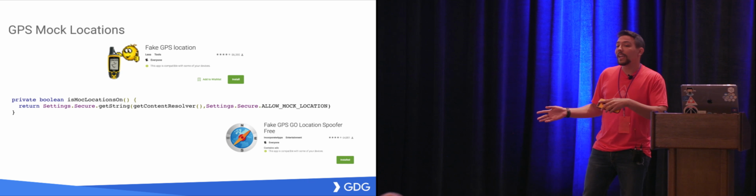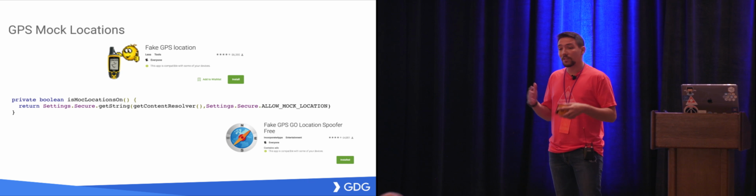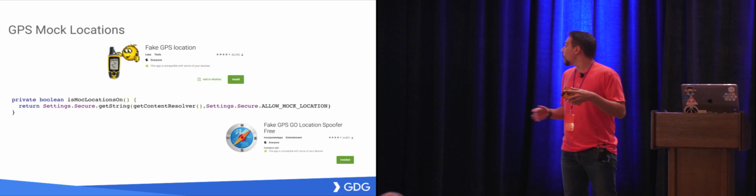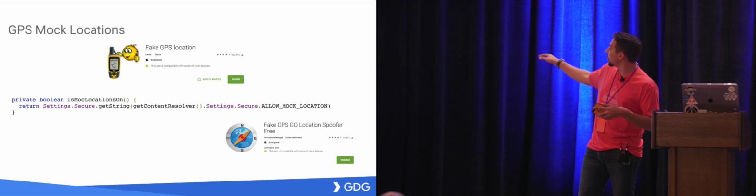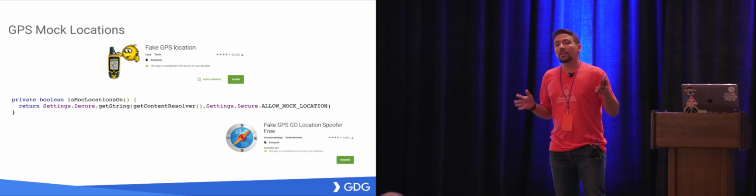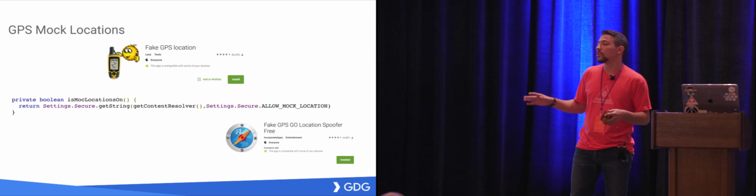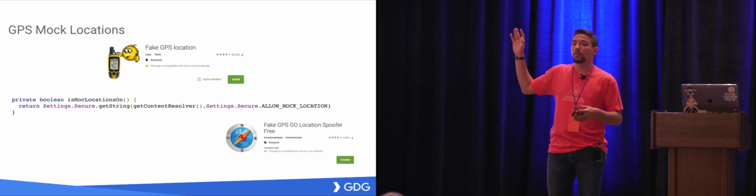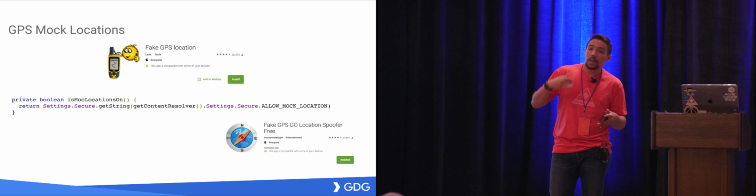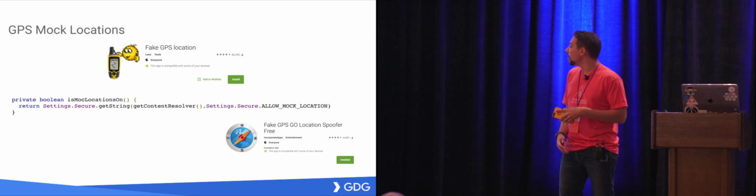So the silver lining is that when we're writing Android applications natively, it's very easy to check whether the mock location system is on using this single line. So please, everybody who uses GPS input within their applications, do that. Add this single line of code within your application. It's going to make it even harder for plenty of hackers to hack it.